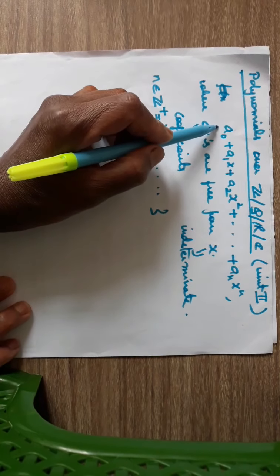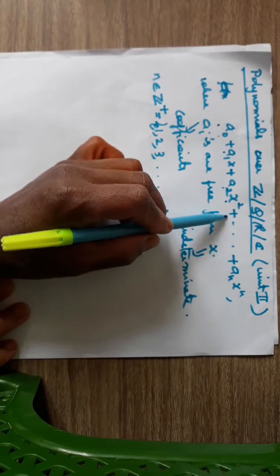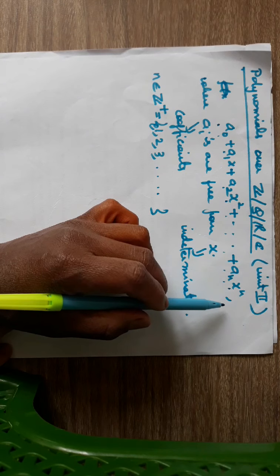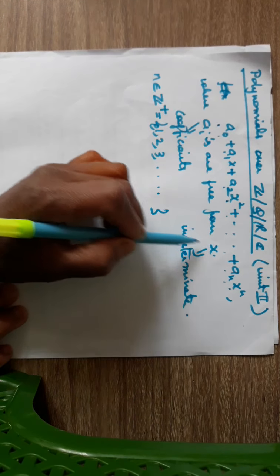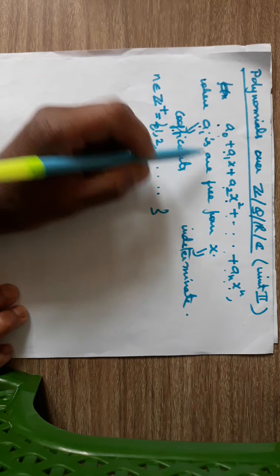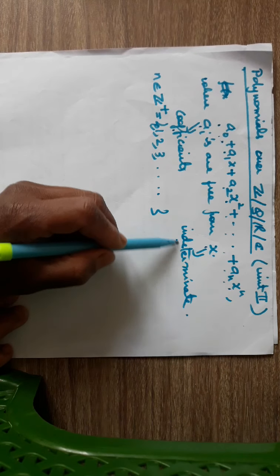Any expression of this form a0 plus a1x plus a2x squared plus dash dash plus an x to the power n, where each ai is free from x, and these ai are called the coefficients, and x here is called an indeterminate.